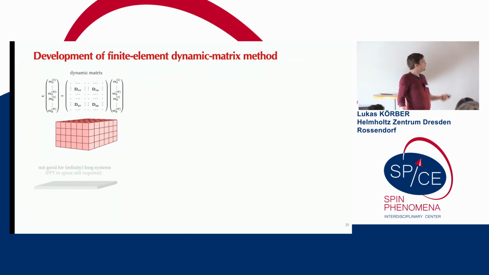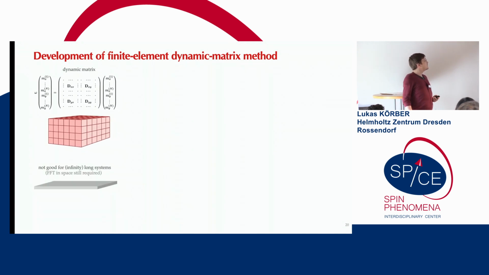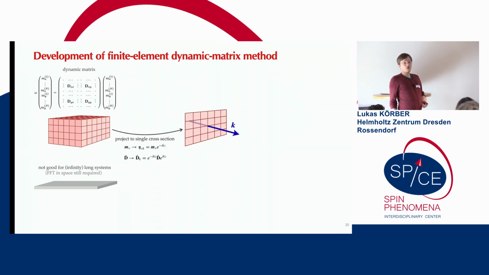Of course, now if we were to still discretize this dynamic matrix in three-dimensional space, we would still need to do FFT to obtain wave vectors and such. It's not really good for propagating waves in an infinite system or quasi-infinite system. So instead, we project the whole problem into a single cross-section.